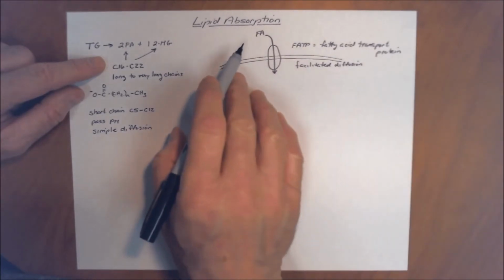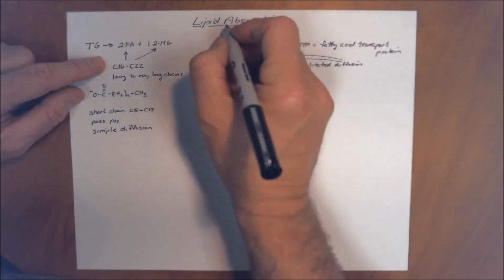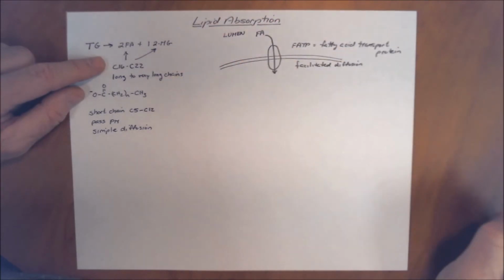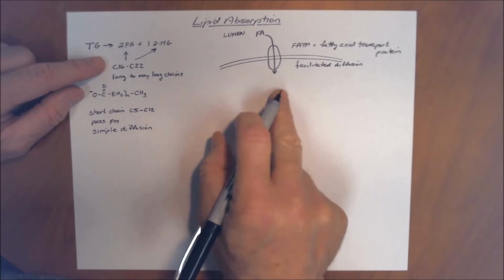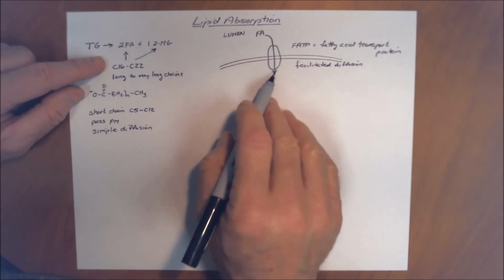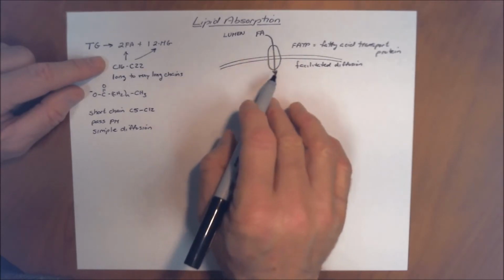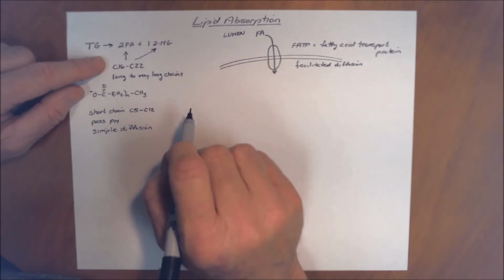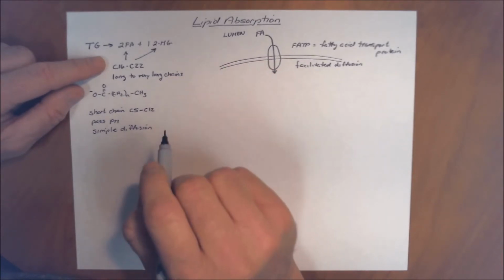This is simply working by a gradient of fatty acids being higher concentration in the lumen of our intestine and passing into the cytosol of the enterocyte in the intestine. Now, because this is facilitated diffusion, the reverse reaction to allow fatty acids to exit the cell is equally possible.